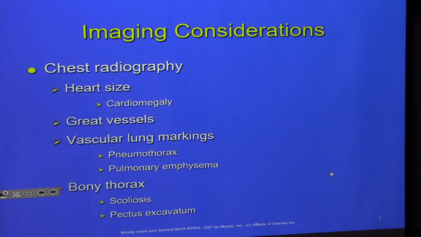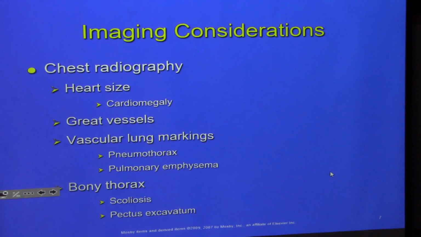That just means they're where they're supposed to be and the size they're supposed to be. The great vessels consist of the IVC, the SVC, the aorta, and the pulmonary vessels, the pulmonary trunk and its subsequent branches. Another thing the doctor is looking for on a chest x-ray is vascular lung markings. That's blood vessels in the lungs. Got to be able to see those.